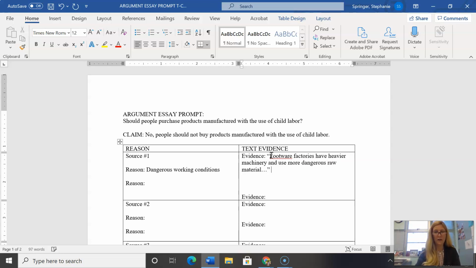Okay, I'm going to end that quote. Where did we get that? We got that from lines 22 to 23.